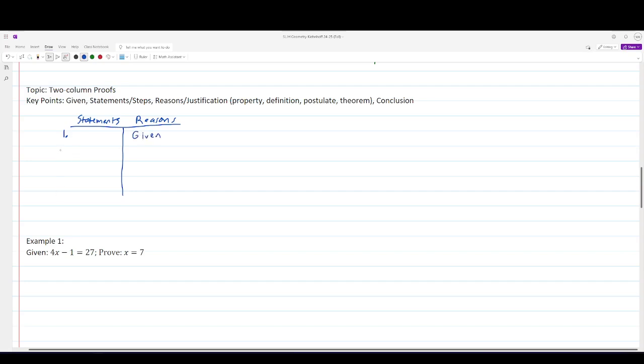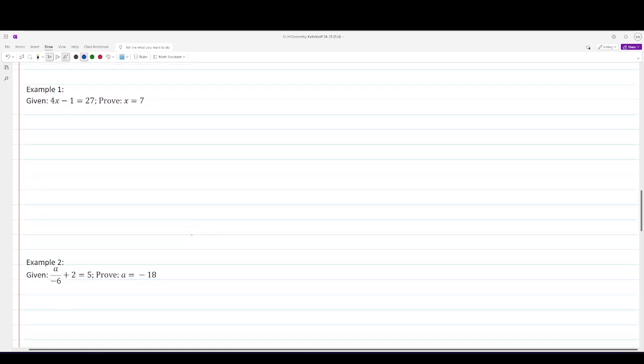And the final step, step X, is going to be whatever it said to prove. So we can use properties, definitions, postulates, and theorems in order to make our way through this. Each of the steps in between is going to be one of these properties that we've talked about, but we can also use definitions, postulates, and theorems.